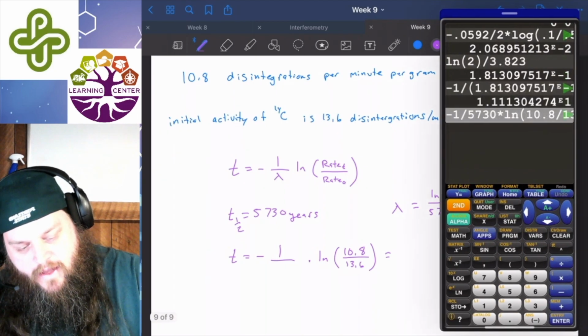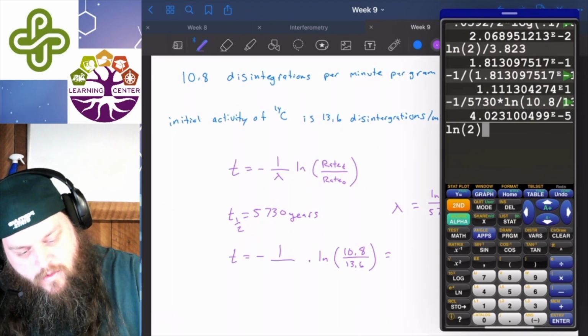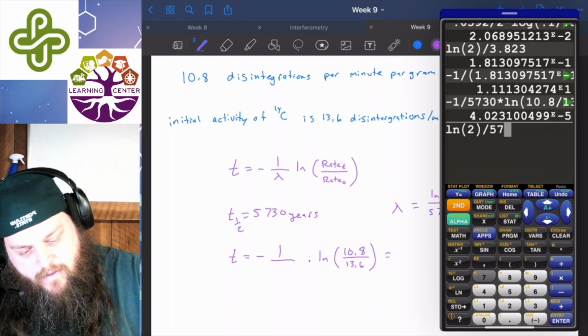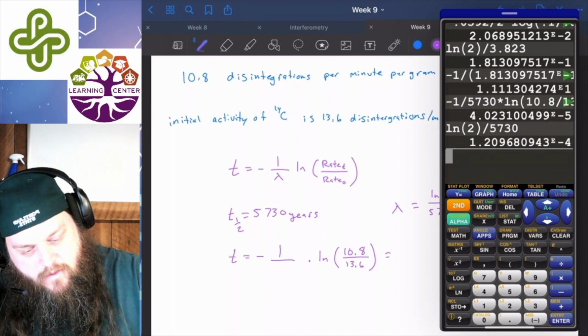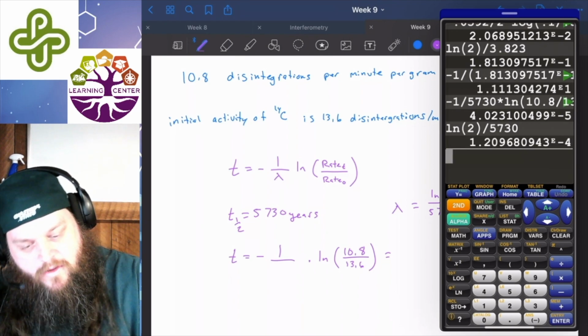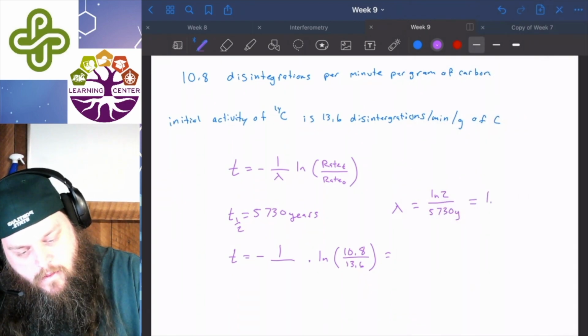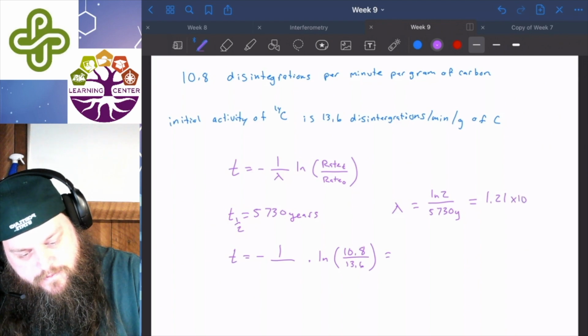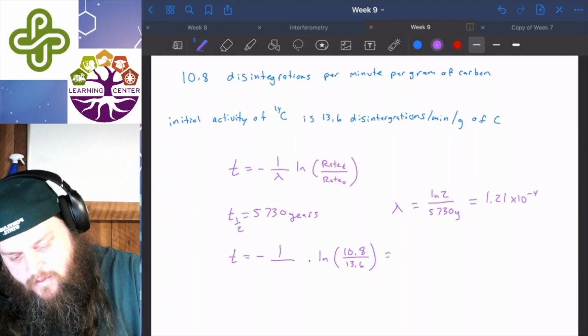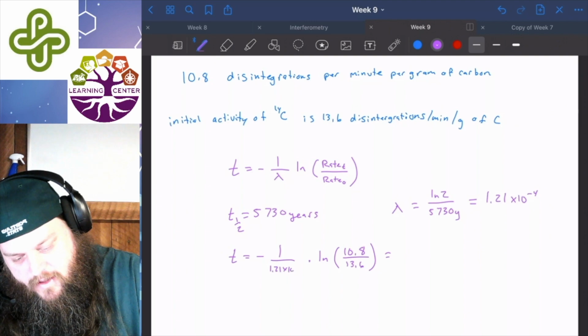So let's find that real quick. Natural log of 2 divided by 5730 years. That's 1.21 times 10 to the negative 4.